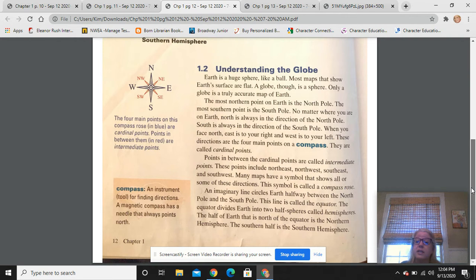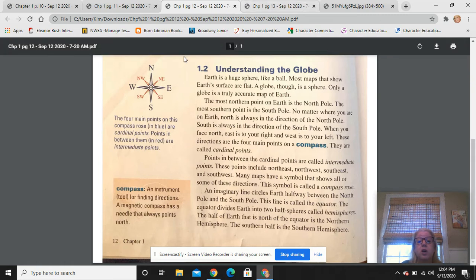South is always in the direction of the South Pole. When you face north, east is to your right and west is to your left. These directions are the 4 main points on a compass. They are called cardinal points. So north, south, east, west are your cardinal points.